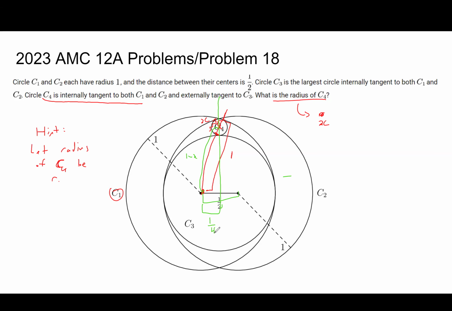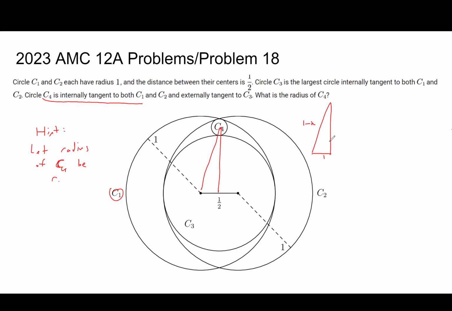Let me erase everything to make it more clear. If I draw this line here, and shift this triangle over here and relabel the lengths, my hypotenuse will be X, that's what we got earlier.